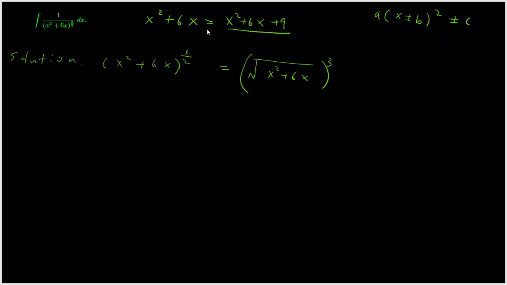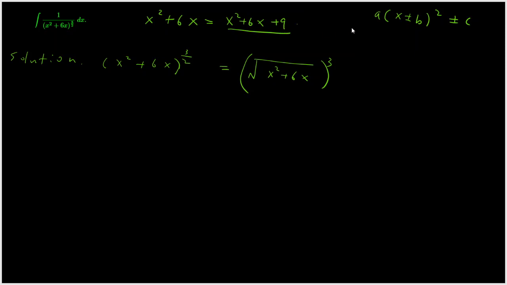I want to repeat. After making the coefficient of x squared 1, the number you need in here is always half of the coefficient of x, the whole thing squared. Half of 6 is 3. 3 squared is 9. That's how I get this 9.